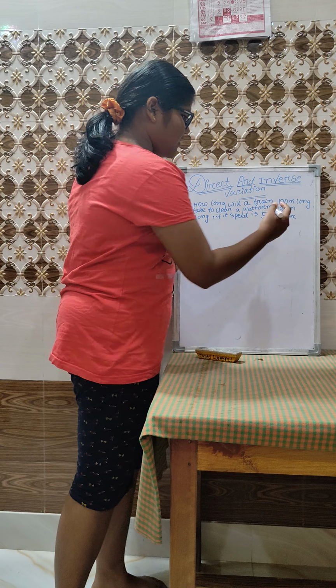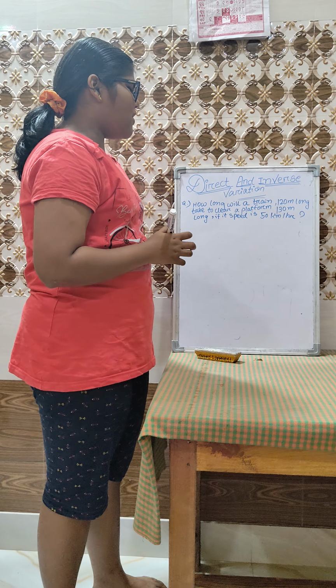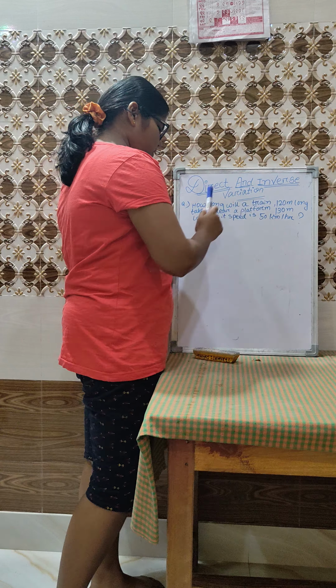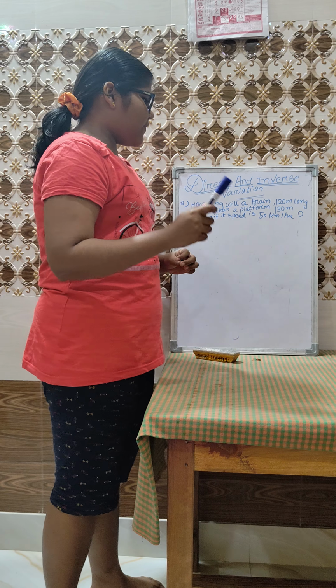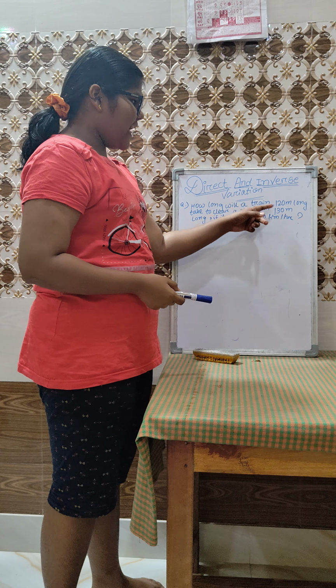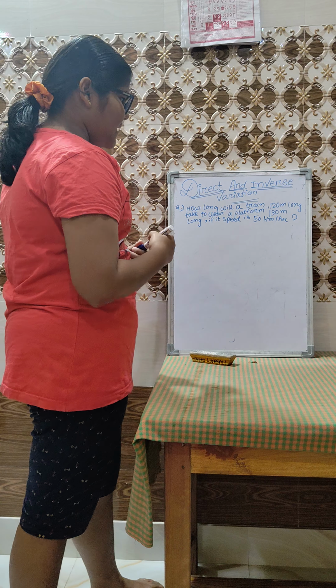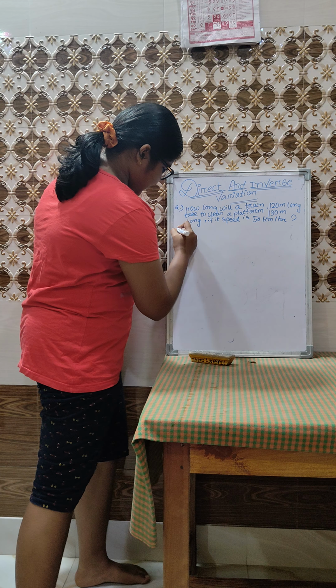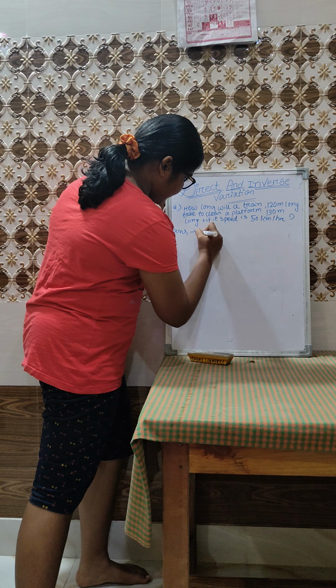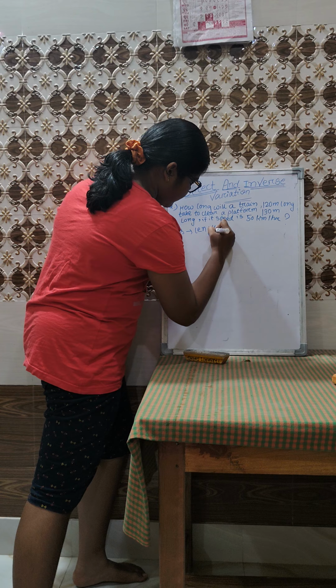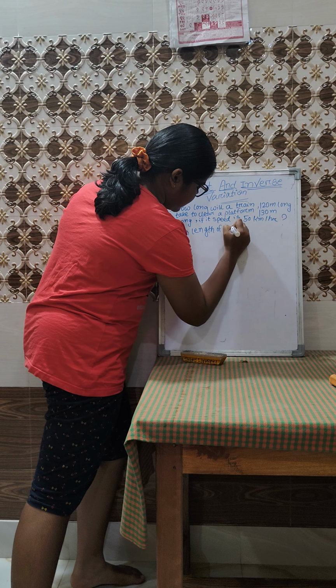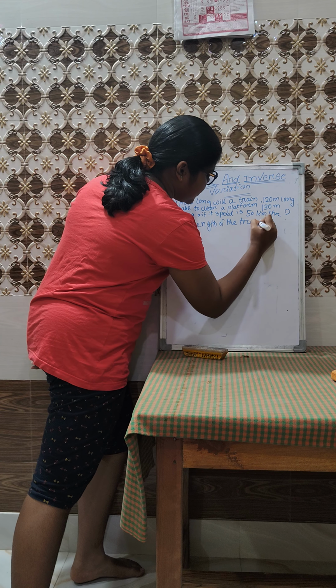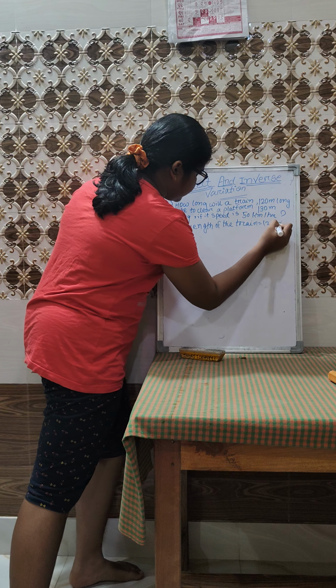How long, I forgot to read this. How long will a train 120 meter long? So first information we get is that the length of the train is 120 meter. So let me first write: length of the train equal to 120 meter.